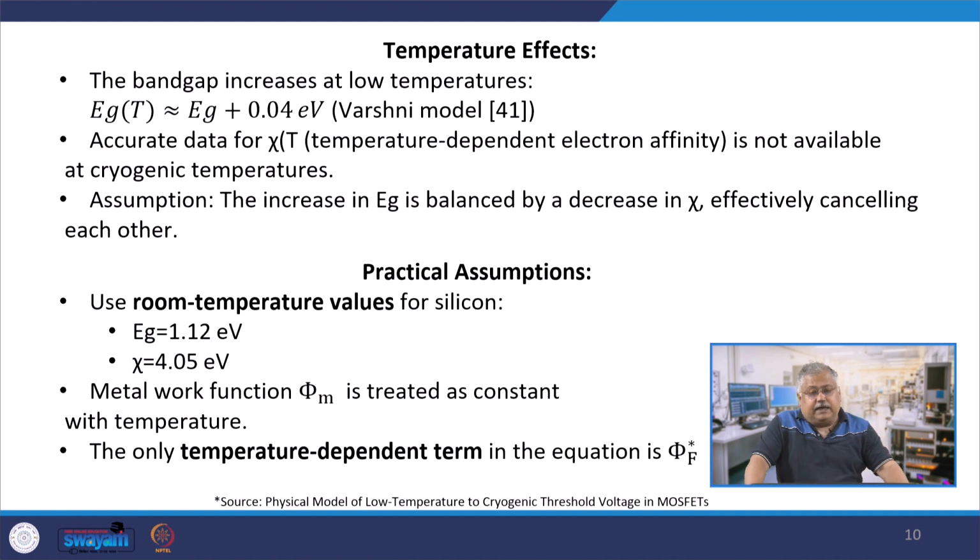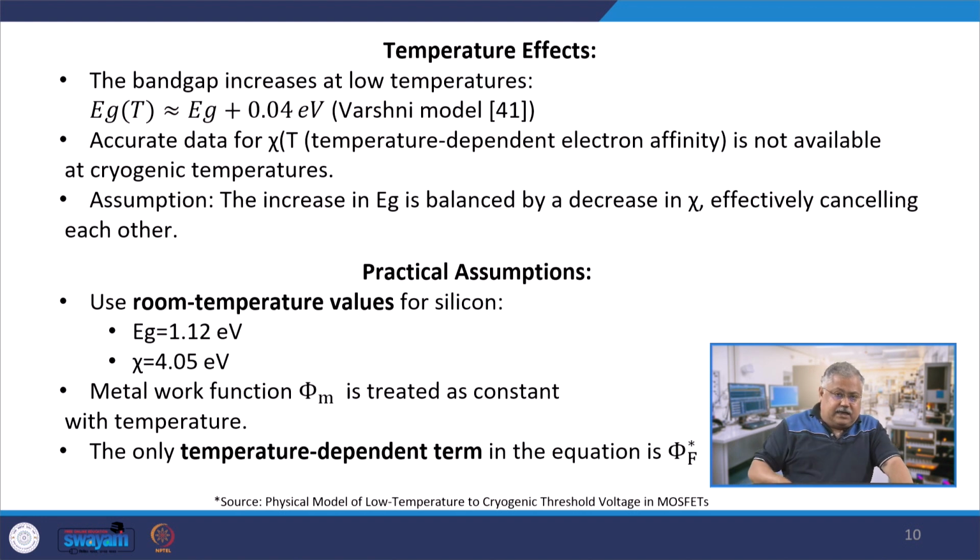Now, the increase in the band gap is actually offset by a decrease in the value of chi, where chi is basically the temperature dependent electron affinity. If the band gap increases but the chi value decreases, these are two opposing phenomena and they generally tend to cancel out over a temperature range.